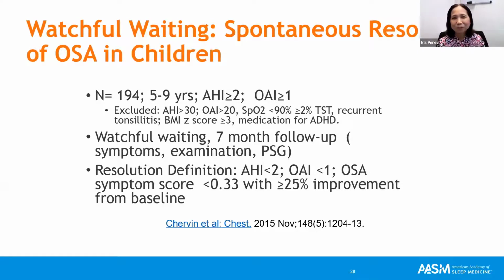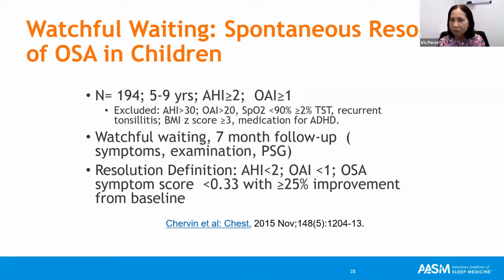How about watchful waiting? So some children may do well with observation. In a study, the Childhood Adenotonsillectomy Trial, or CHAT, the investigators looked at 194 children aged 5 to 9 years who had an AHI of more than 2, obstructive apnea index of greater than 1, but who were not obese.